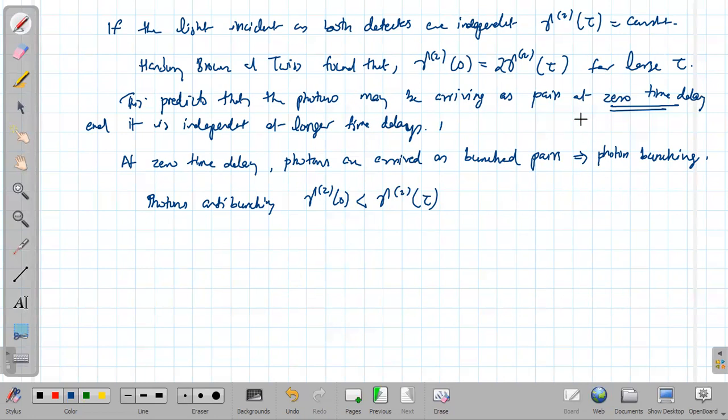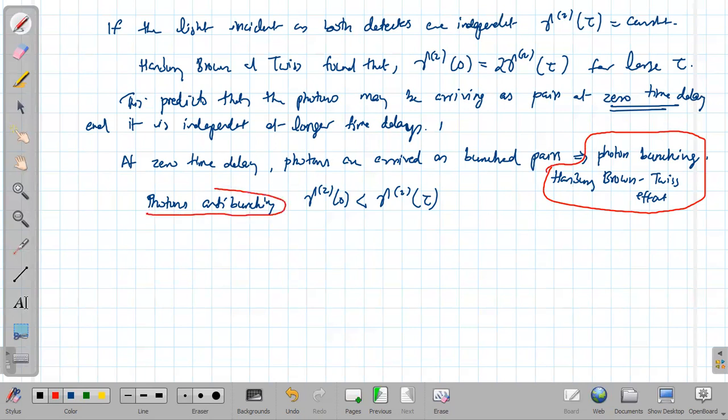Now this photon bunching phenomenon is also known as the Hanbury Brown Twiss effect. And the other term is photon anti-bunching.